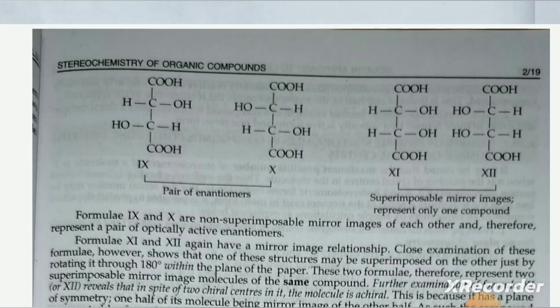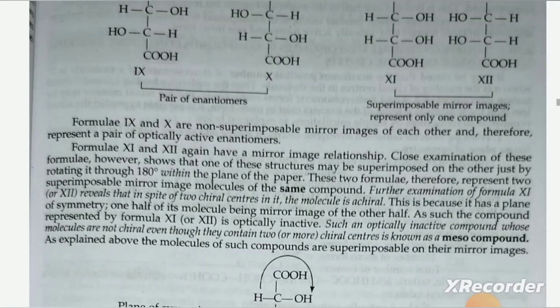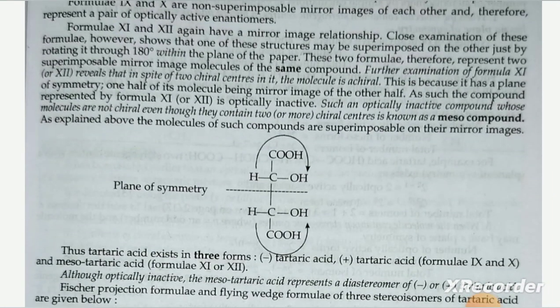Formulas 9th and 10th are non-superimposable mirror images of each other and therefore represent a pair of optically active enantiomers. Formulas 11th and 12th again have a mirror image relationship. Close examination of these formulas, however, shows that one of these structures may be superimposed on the other just by rotating it through 180 degrees within the plane of paper. These two formulas therefore represent two superimposable mirror image molecules of the same compound.